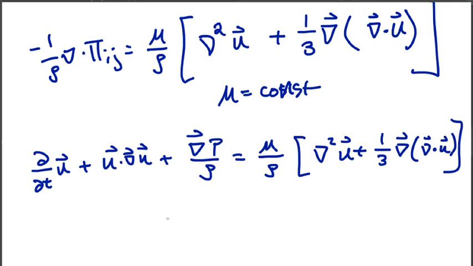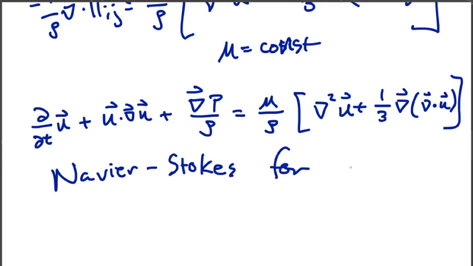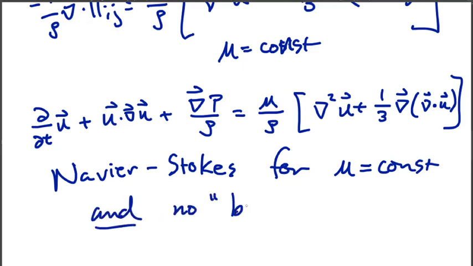This is the Navier-Stokes equations. Navier-Stokes for constant viscosity, and I also mentioned no what's called bulk viscosity. I think I'm getting the term on that right, and I'll double check.